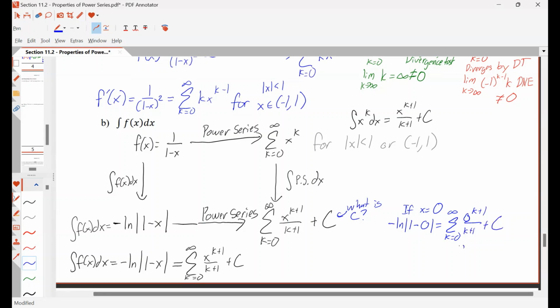This series is just 0. And the natural log of 1 minus 0 is 0. So we get 0 equals 0 plus c. C is 0.